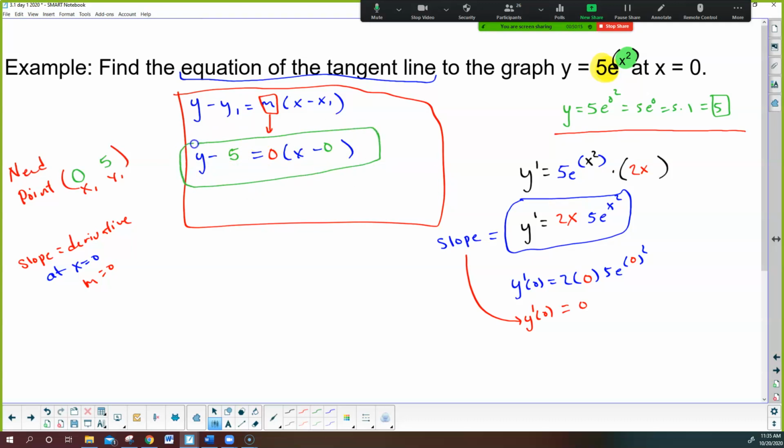If you were handwriting your work, I would stop there. If it's multiple choice, then they're going to distribute. And when I distribute 0, I get 0 over here. And then the 5 would come over. So the other acceptable answer is right here. Y equals 5.